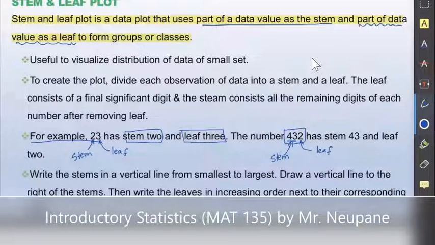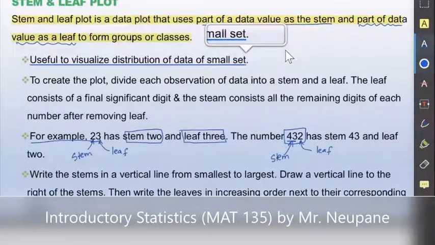Okay, why? We are going to see that in a minute. The answer to why is that this is useful to visualize the distribution of a small set of data. If it is a small set of data, we'll be able to visualize the data easily.